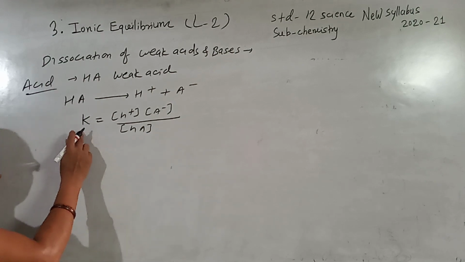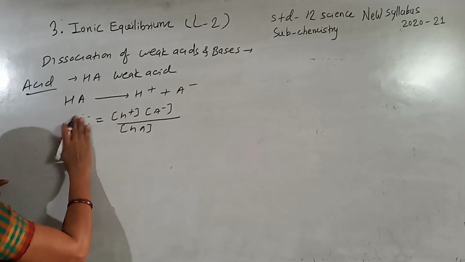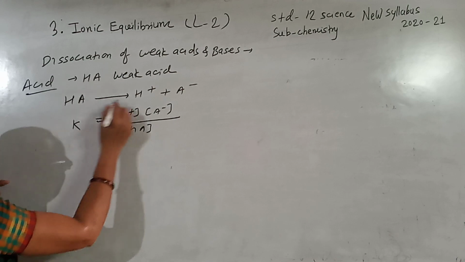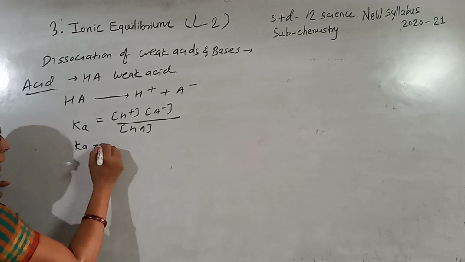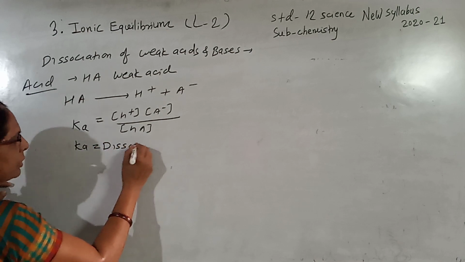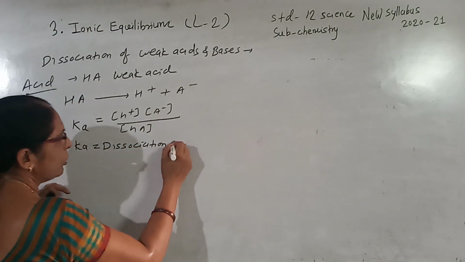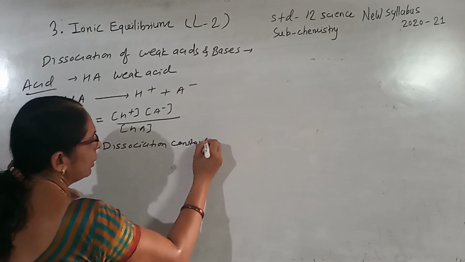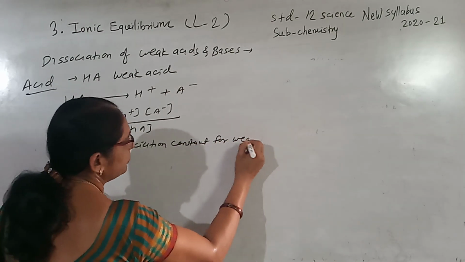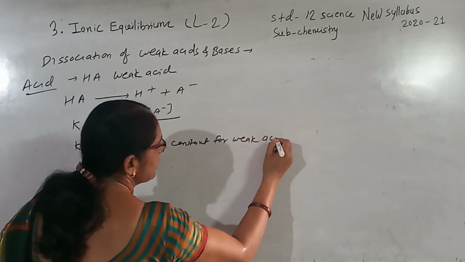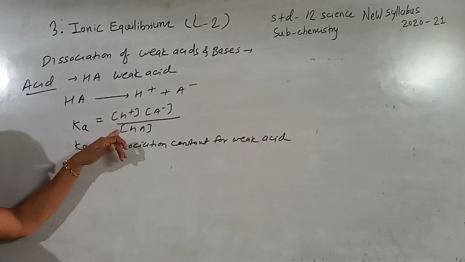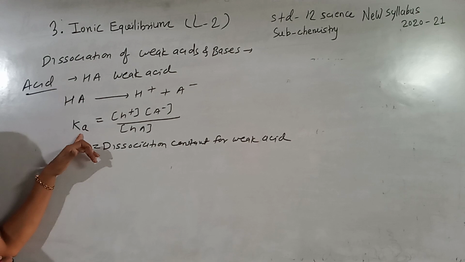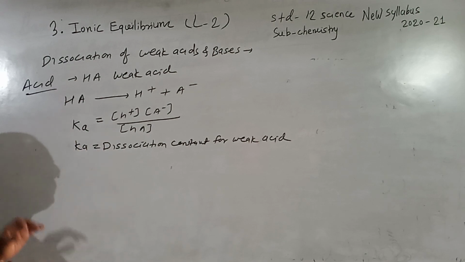The constant which I use for this is called the dissociation constant for acid. So Ka is the dissociation constant for a weak acid. The equilibrium constant used for an acid is Ka, called the dissociation constant of the acid.